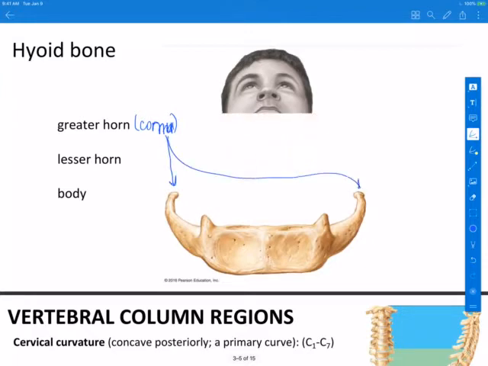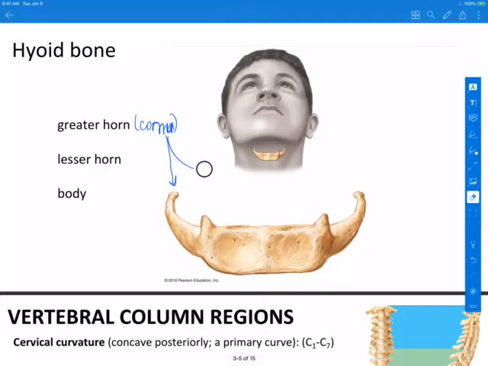That is the greater cornu. And there are 2 greater cornus, the right and the left. So this would be the right greater cornu or greater horn, and this would be the left greater horn or greater cornu. I'll just put greater horn.